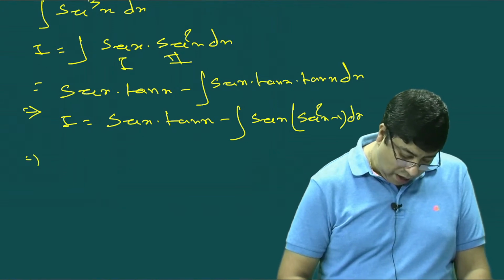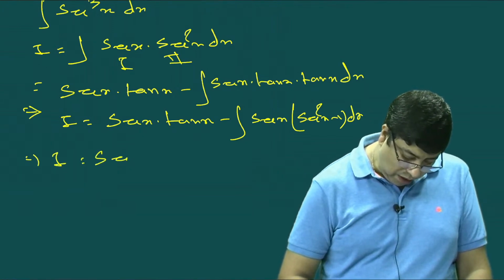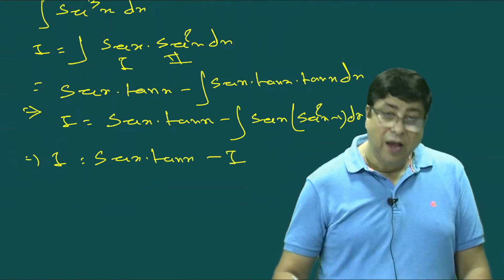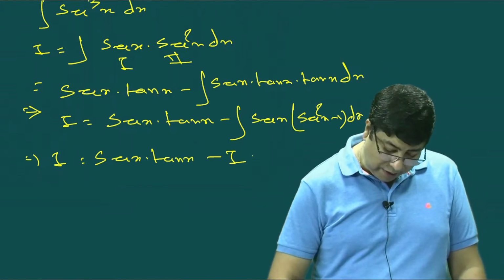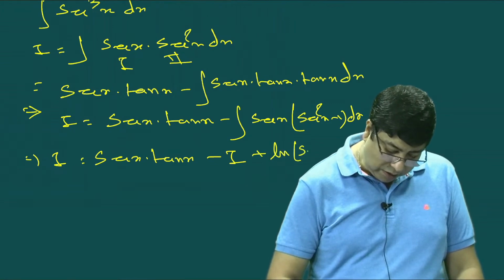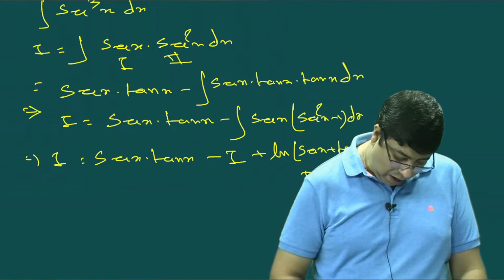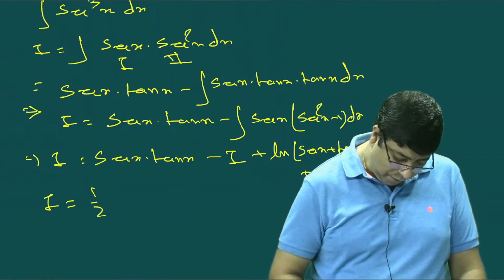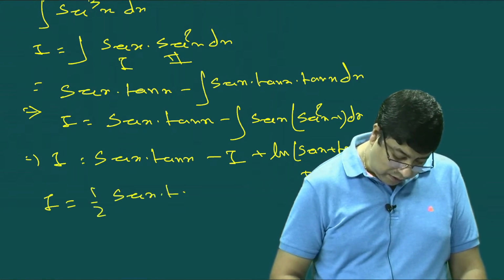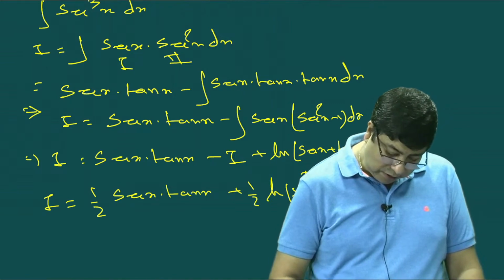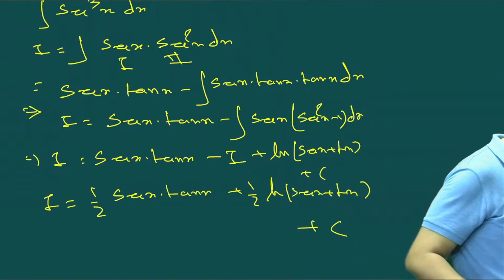Therefore, we are getting I equal to sec x tan x minus once again I sec cube x, plus integration of sec x is log of sec x plus tan x plus c. Therefore, 2I equal to this, I equal to half sec x tan x plus half log of sec x plus tan x plus c.